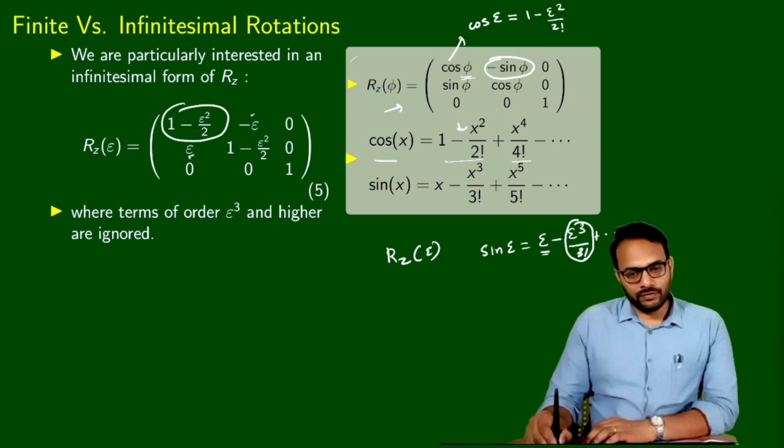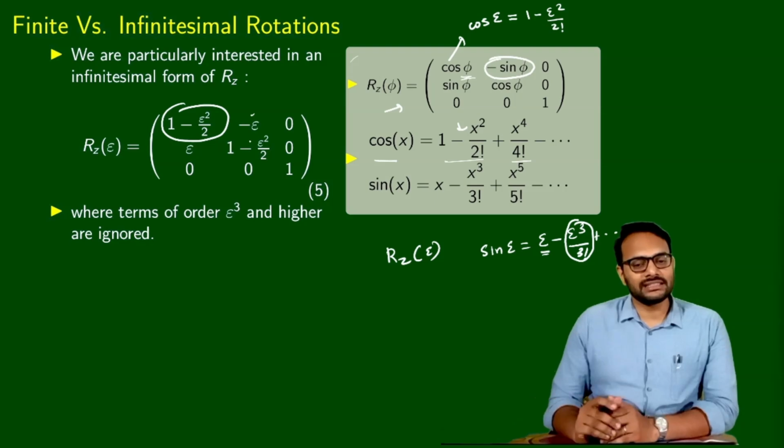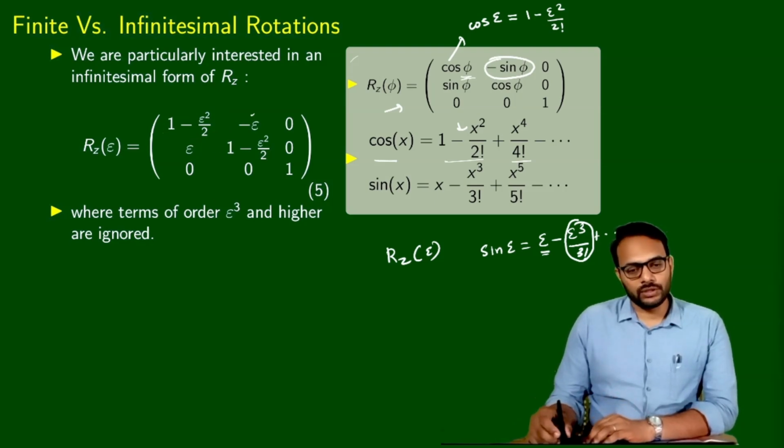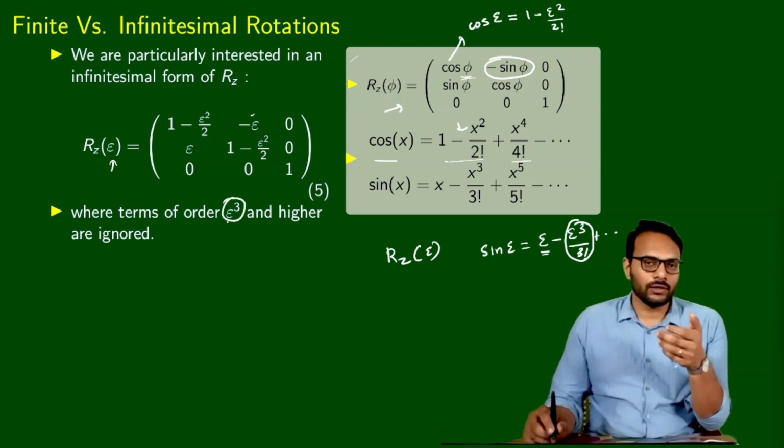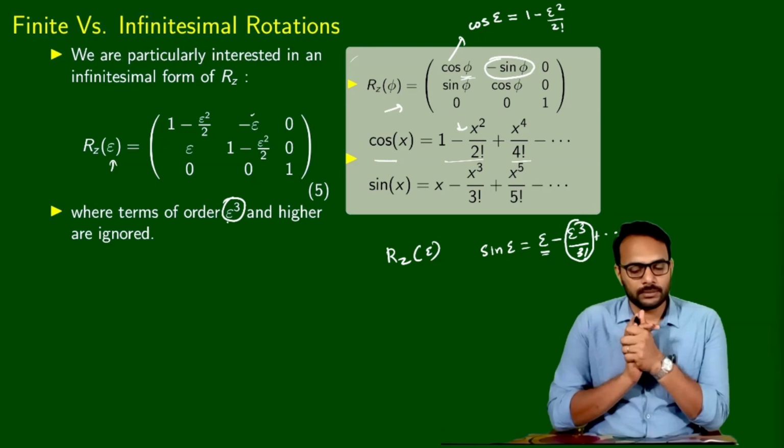Similarly, sine phi becomes epsilon here, and cos phi here also becomes 1 minus epsilon square divided by 2. So this would be the matrix corresponding to an infinitesimal rotation about the z-axis up to the second order. The terms of order epsilon cube and higher order are ignored.